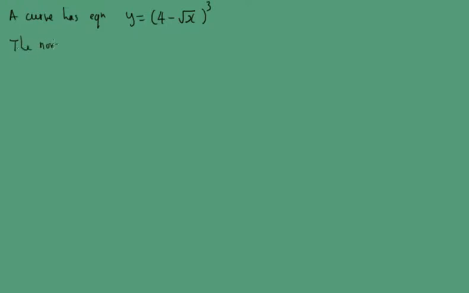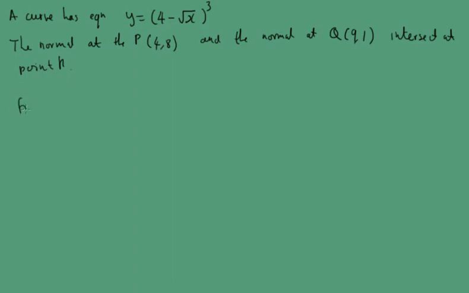The normal at the point P (4, 8) and the normal at point Q (9, 1) intersect at point R. Find R. So we've got this curve, we need to find the equations for the normal at point P and the normal at point Q. So find R, so what the coordinates are.